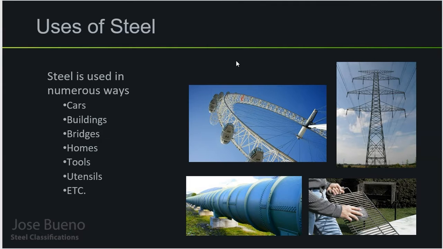Heck, even the grates that are in your barbecue. We can look at parts in your vehicles, parts of your computers, and of course, the tools that we use in our garage and auto shops and things like that. There are so many things that are made out of steel.